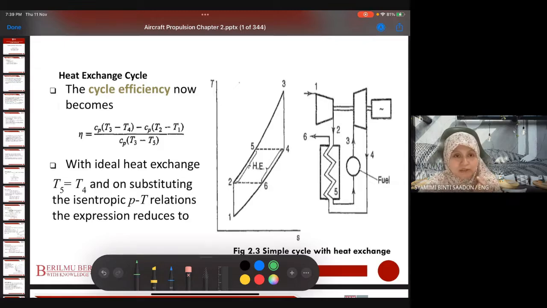So that we use extra heat. Extra heat is needed. When extra heat is needed, one of the benefits is that the cycle efficiency will be improved. Mathematically, theoretically, from the equation of the cycle efficiency, we can see that because the heat supply is at the denominator, if the denominator decreases, then this efficiency will increase.